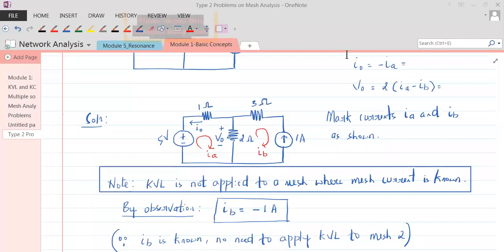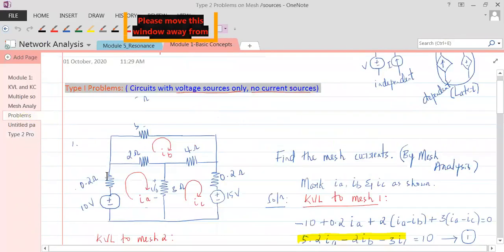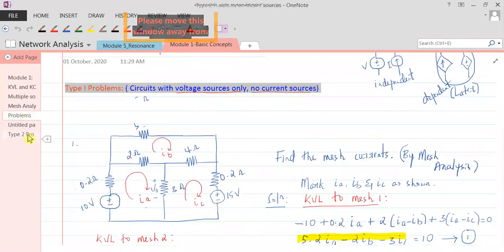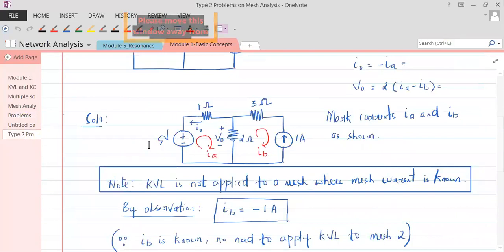Purvika, just let's have this discussion. Just tell me, now having this 1 ampere is an advantage or disadvantage? We have this 1 amp on the periphery, right? So having this 1 amp on the boundary, is it an advantage or disadvantage? I'm asking you to compare this particular case wherein we didn't have any current source, and this particular case where we have a current source.